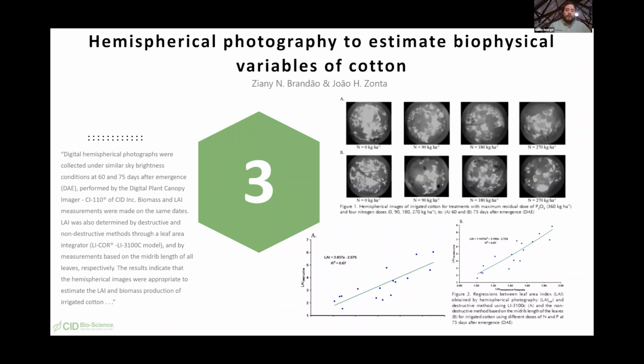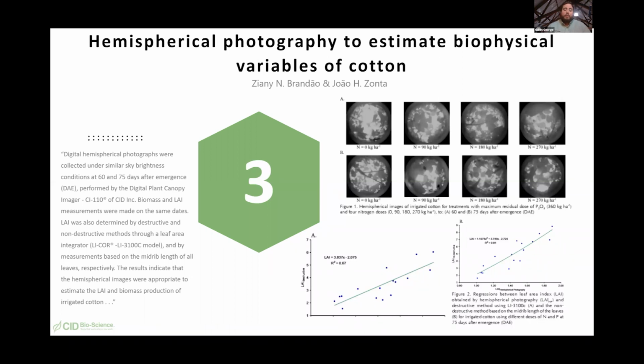And so this study wanted to be able to use, as a non-destructive method, hemispherical photography, which is what the CI-110 uses, to estimate in these large fields of cotton what the biomass production will be, the LAI, and the yield of this irrigated cotton.